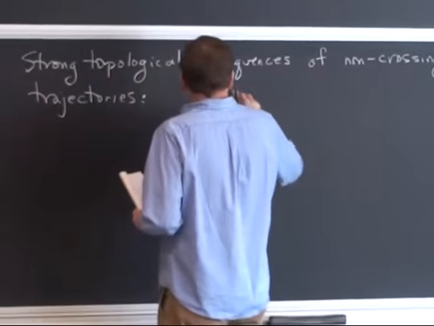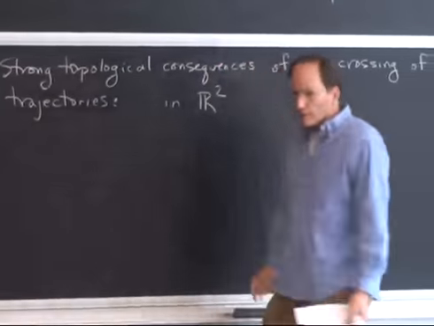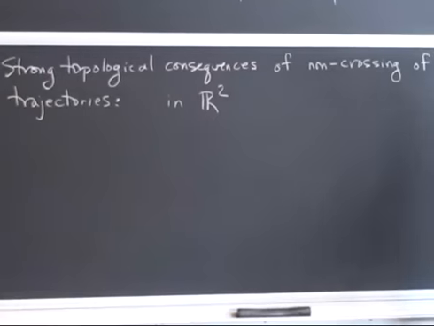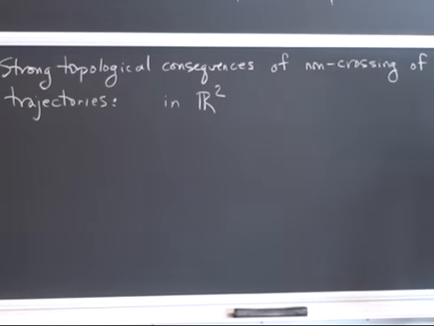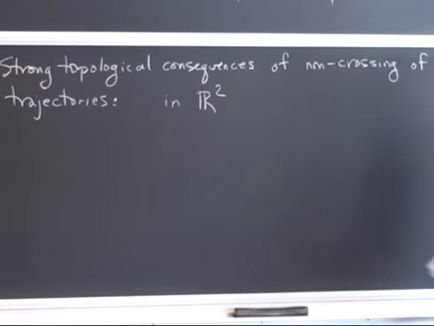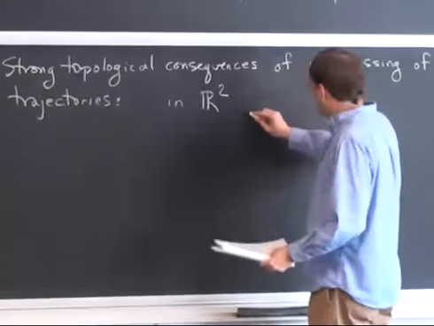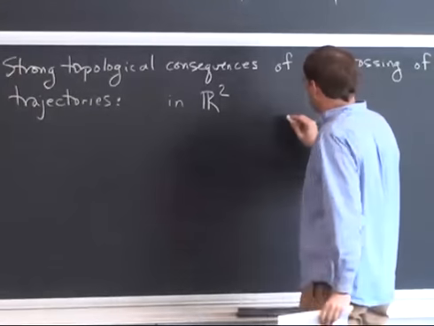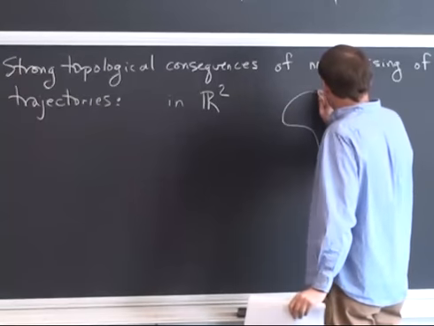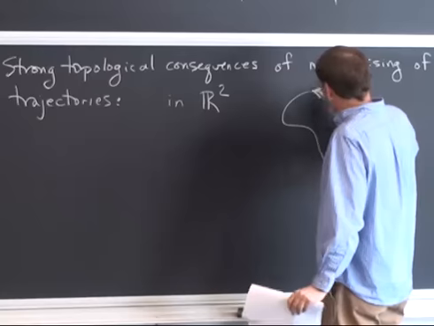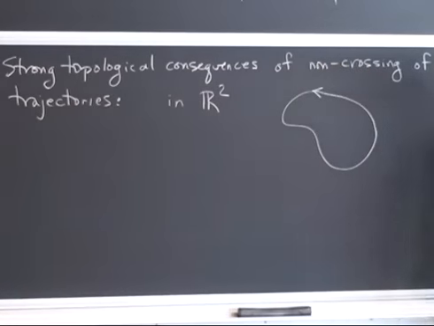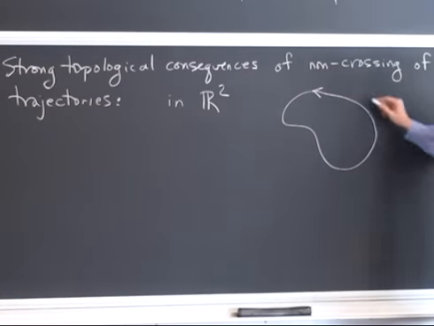So if we're thinking still in the plane, as opposed to some other two-dimensional space, what if we had a picture like this? Suppose we have what we're going to call a closed orbit or a closed trajectory. That is, it's a trajectory, but it happens to close on itself.